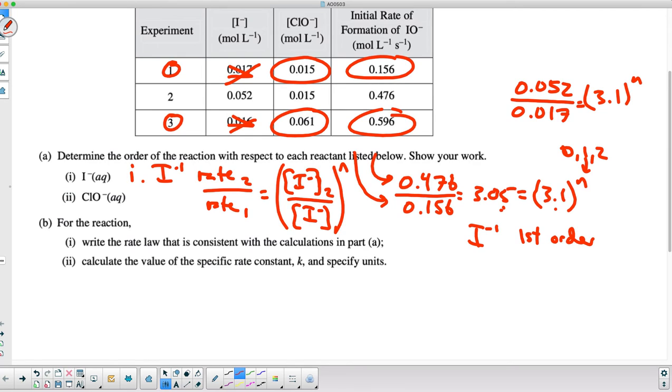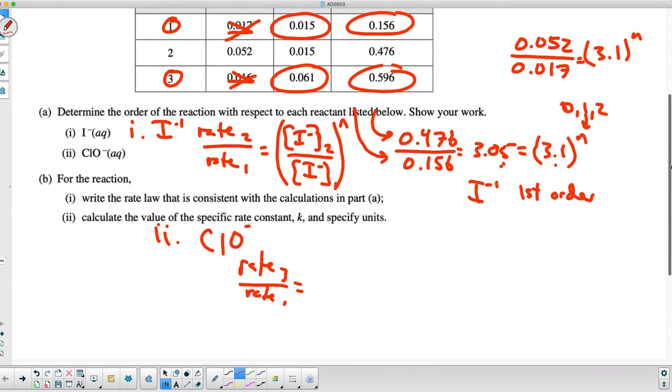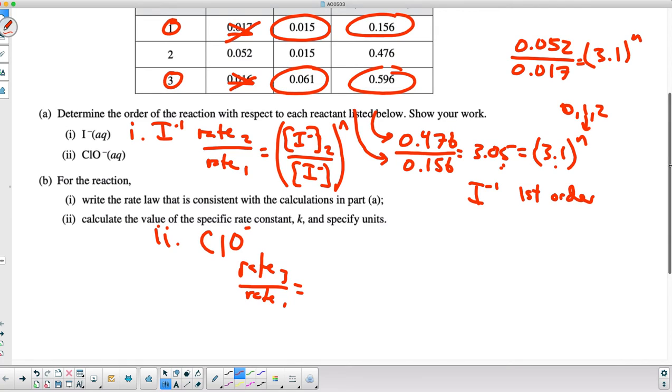So we're finding ClO minus, which means the rate of 3 over the rate of 1 is going to equal the concentration of ClO minus in 3 over the concentration of ClO minus in 1, all to the power of m.